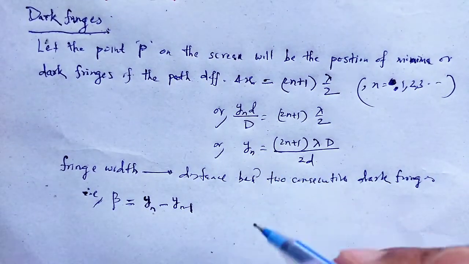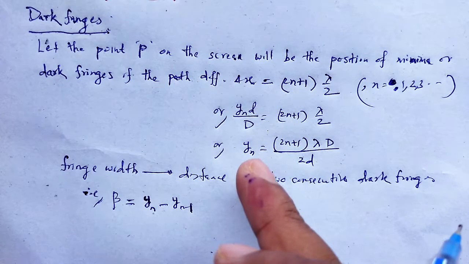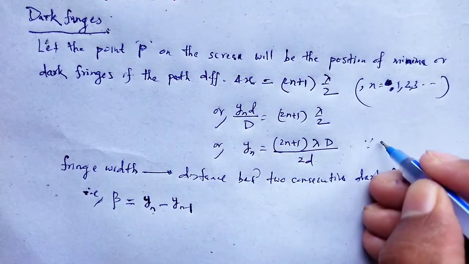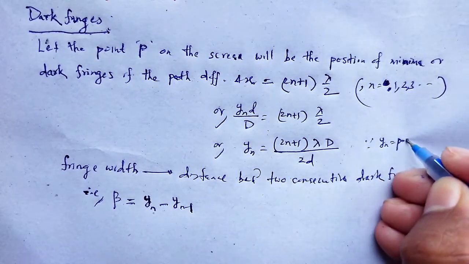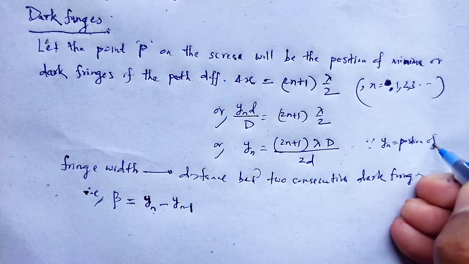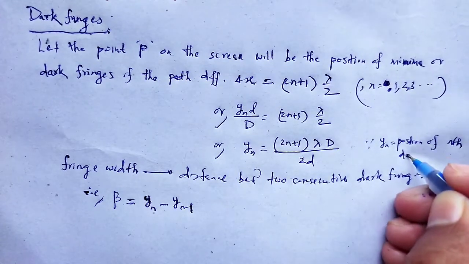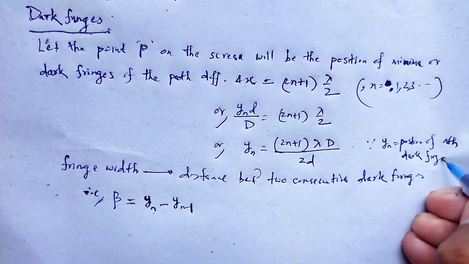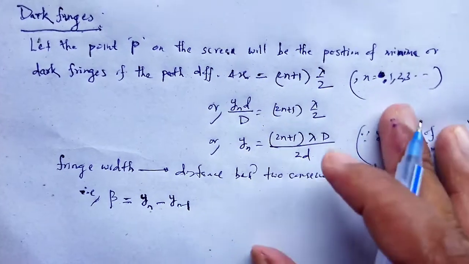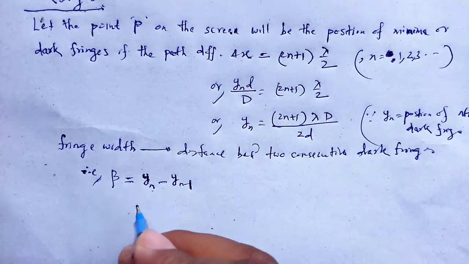Here yn is the position of the nth dark fringe, and yn minus 1 is the position of the n minus 1th dark fringe.